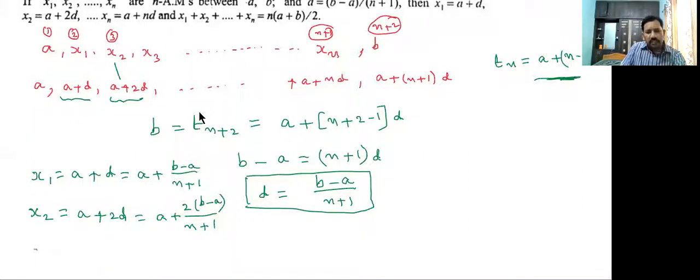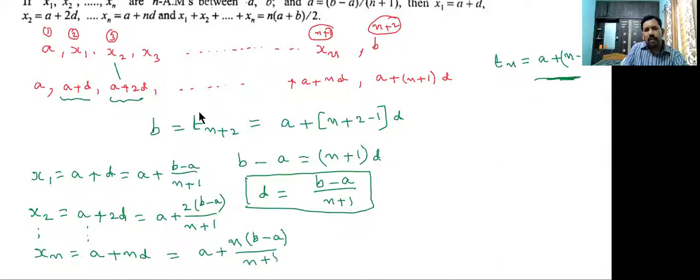What is xn here? Xn is equal to a plus nd, that is a plus n into (b minus a) by (n plus 1). This is the proof.